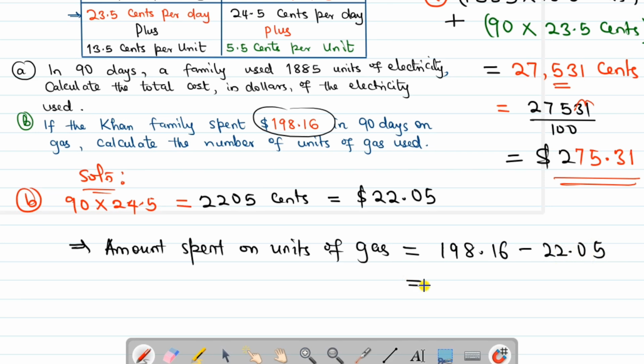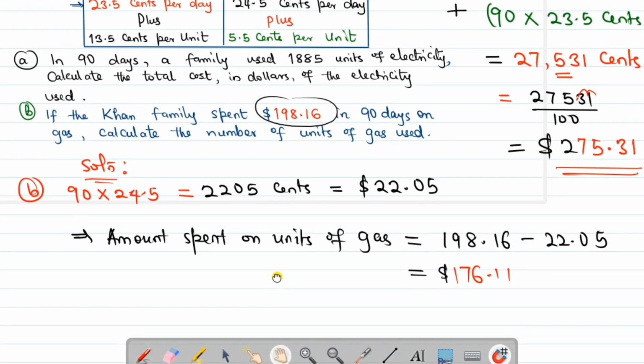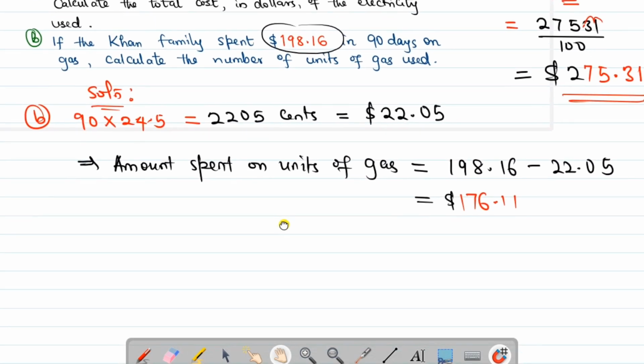Remember, this is in dollars, and that gives us $176.11 spent on the units of gas used.